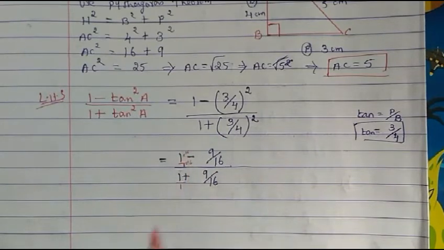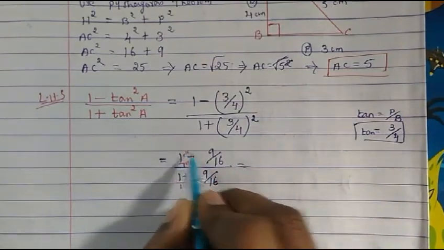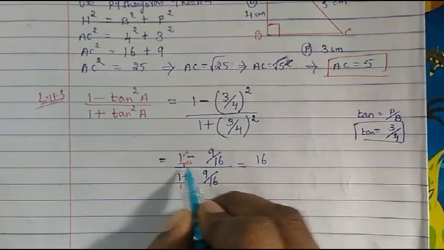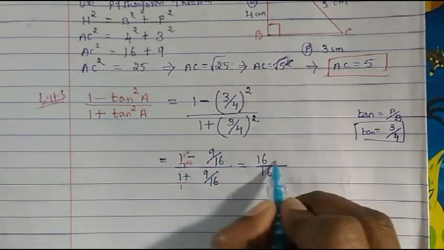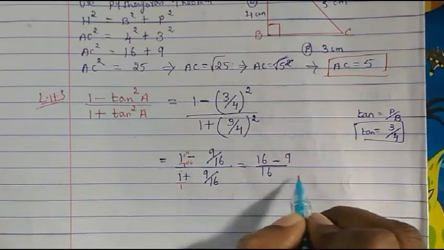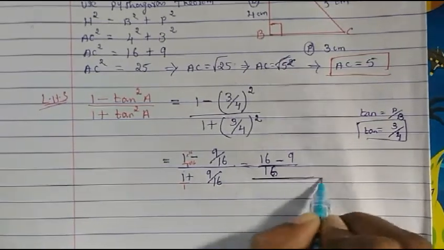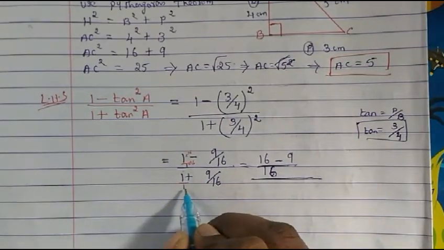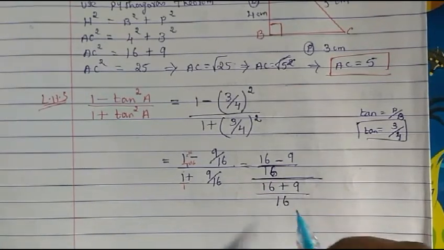We will get 1 into 16 which is 16, minus 9, and the denominator 16. Same way here, 16 plus 9, then 16.